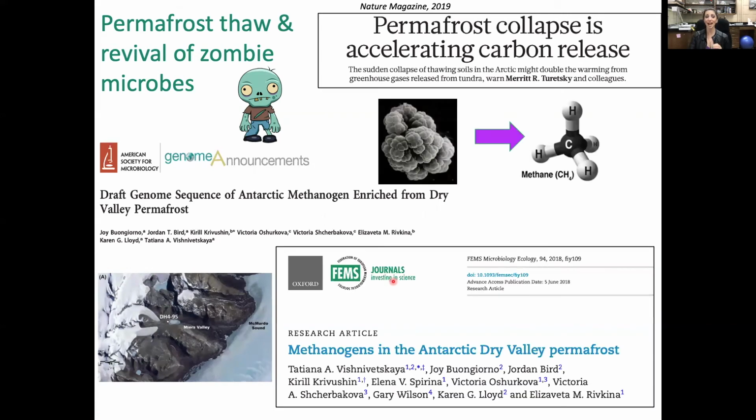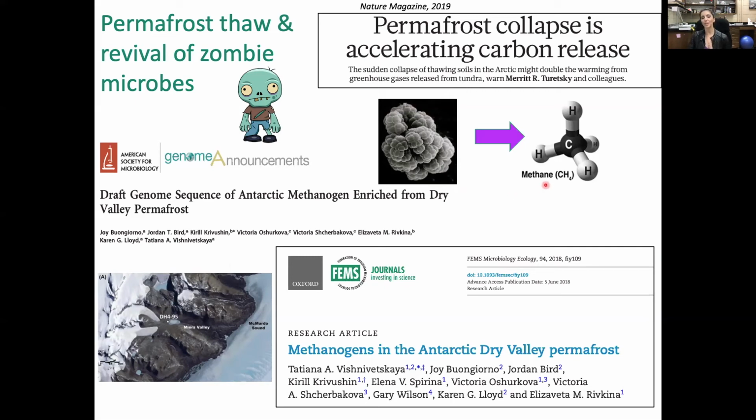They were able to find viable methanogens that look like this. They're called Methanocircina, and they have several different pathways in their genome that I identified to turn organic material and inorganic carbon into that dangerous, powerful greenhouse gas of methane.